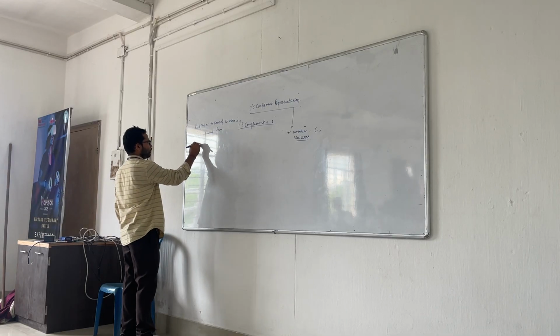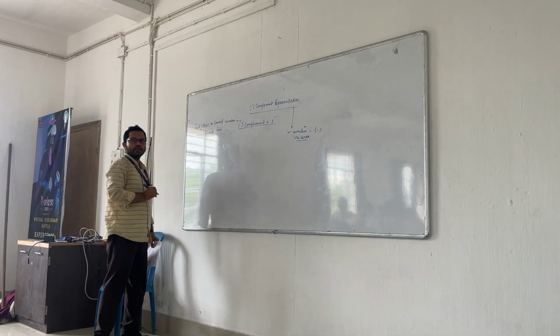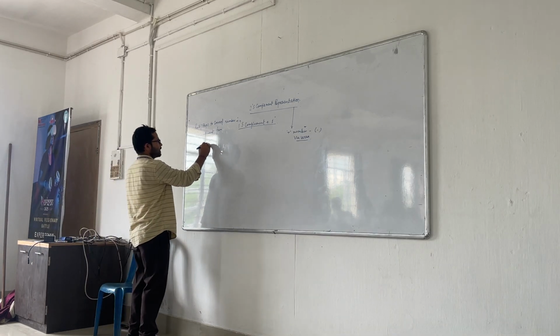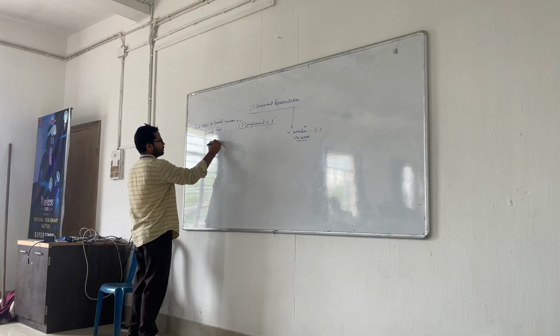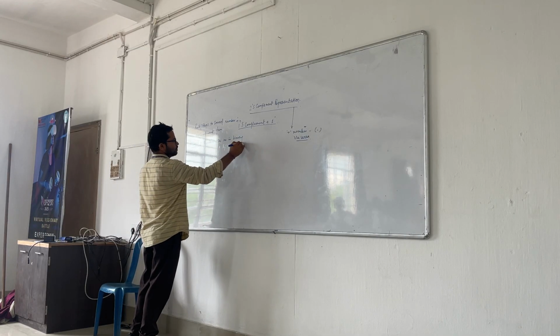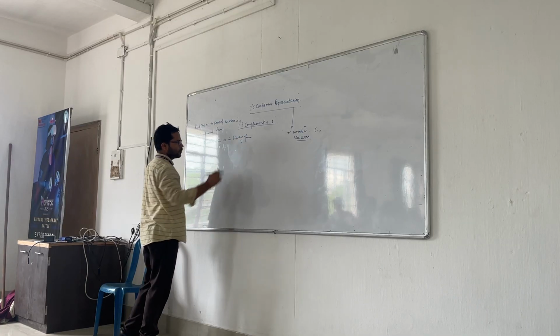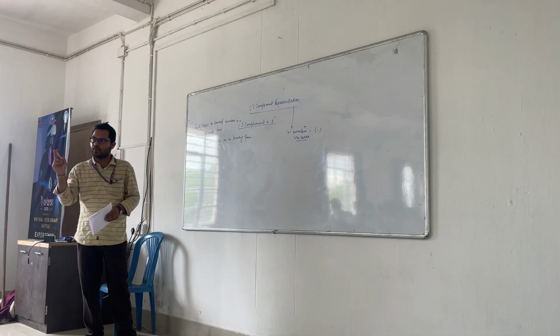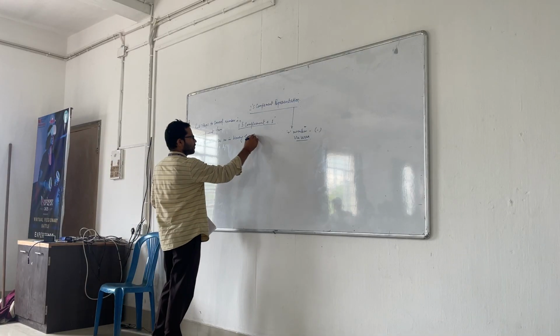Step one, represent the number in binary form. Again, you have to represent the magnitude of the number with the help of 7 bits.